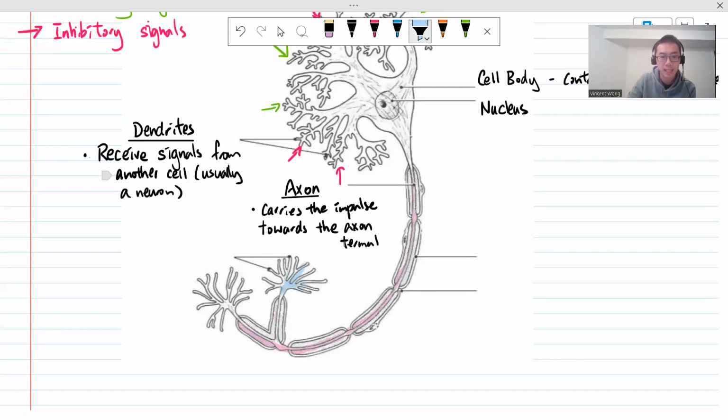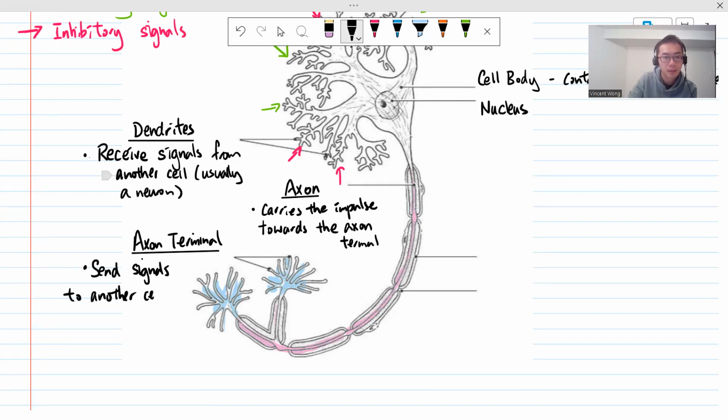The axon terminals are at the end of a neuron. Axon terminal, which sends signal to another cell. And this other cell is, again, usually a neuron, but it doesn't have to be. And I'll explain again later. It will make much more sense when I give you the full picture.